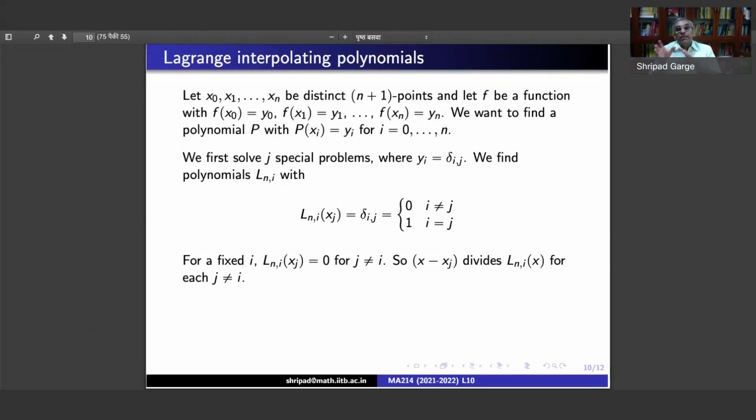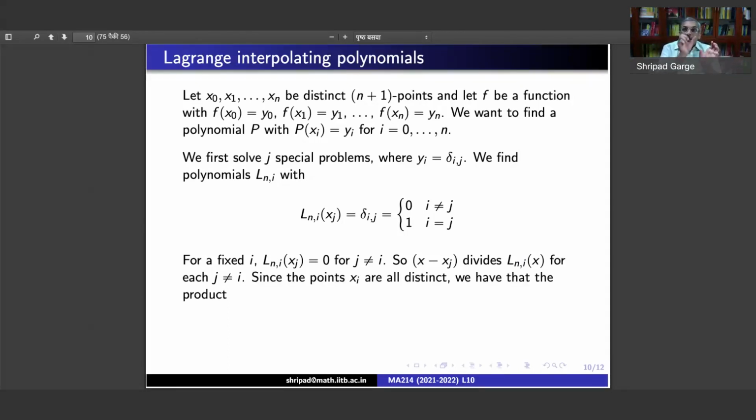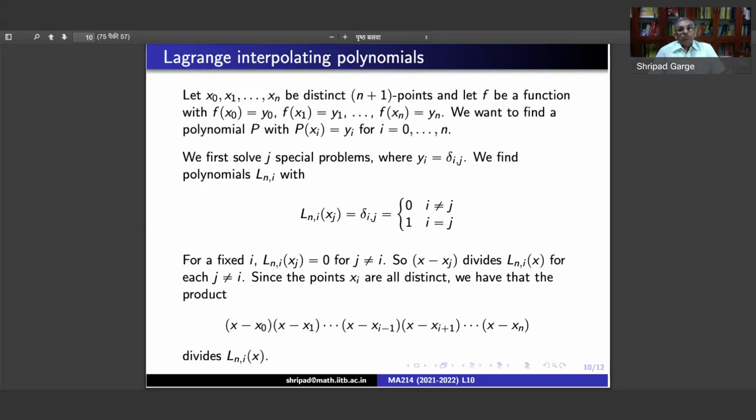So x and x minus 1 both will divide your polynomial, but since these are all distinct points and each of them divide the polynomial, then the whole product will have to divide the polynomial. So your polynomial will be a multiple of the polynomial x minus x naught, because it should be 0 at x naught, x minus x1 also because it should be 0 at x1, dot dot dot. We have gone up to x minus x(i minus 1).